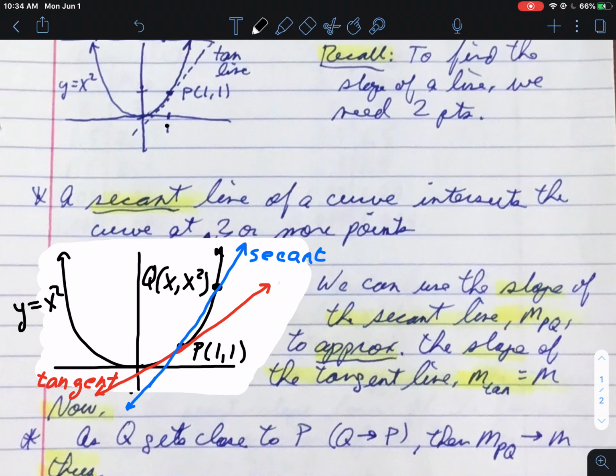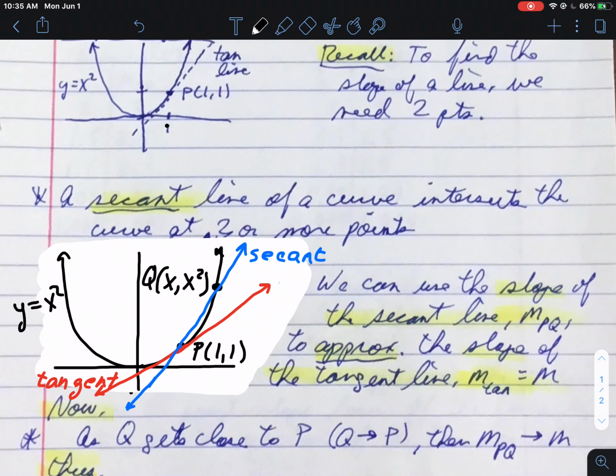So generically, this point Q would have coordinates x, x squared. So you could pick any x value, plug it into the function, and get the y value. And then you have the coordinates of that point. So we're choosing a second point, whatever it may be. And then we have the secant line. That's the blue line. All right, so drawing through those 2 points, hitting the curve at 2 points. So tangent line, secant line, difference between the two.